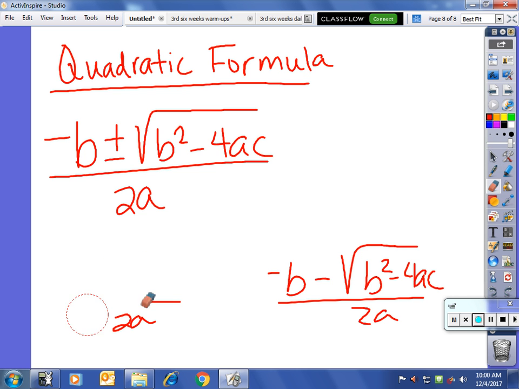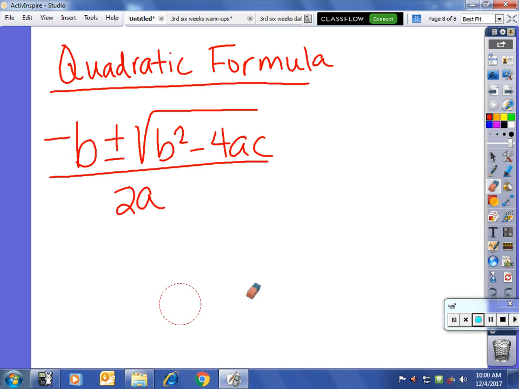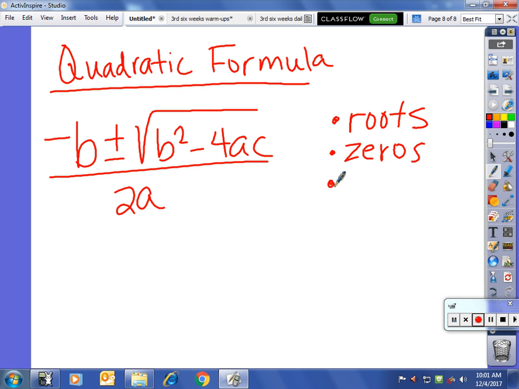Okay. Before we start diving into the wonderful, lovely, fun-to-use quadratic formula, I want you to understand what it's used for. This is another way to find roots of a quadratic function, of a parabola. What's another word for roots? Zeros. What's another word for zeros and roots?